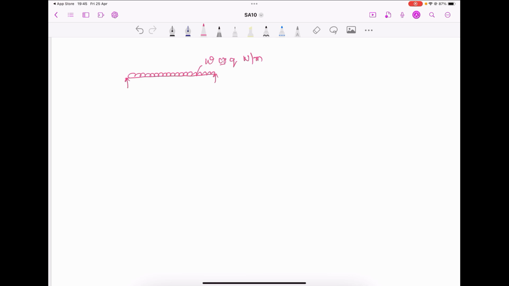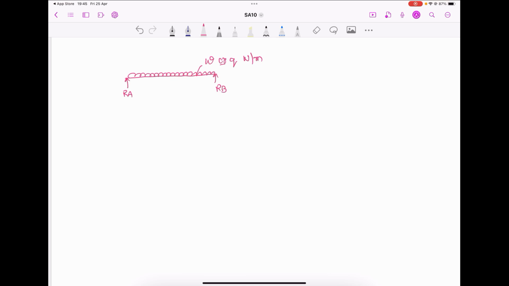Then we will have shear force and bending moment. This is RA, reaction at support A, and reaction at support B. I have already shown you how to find the reactions at support A and support B, and what the sign convention is, which I also discussed earlier.